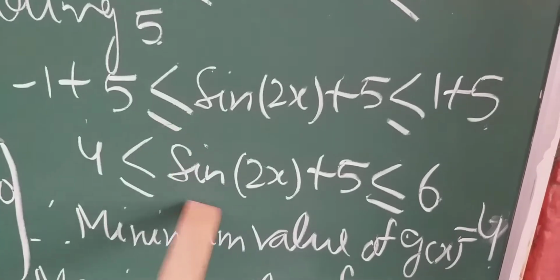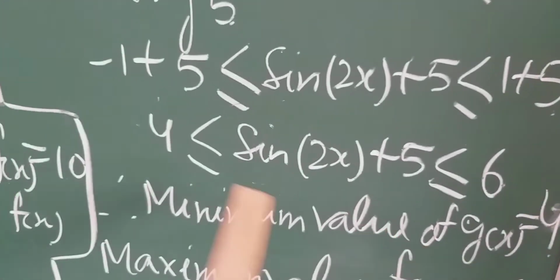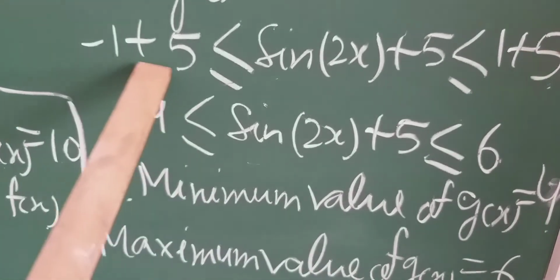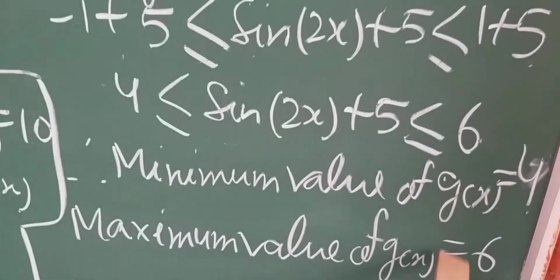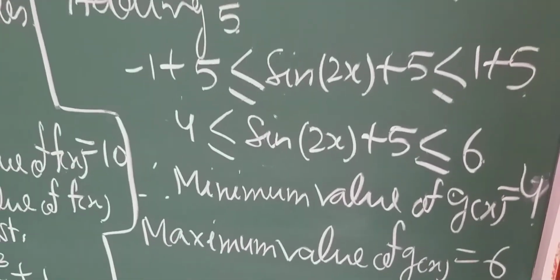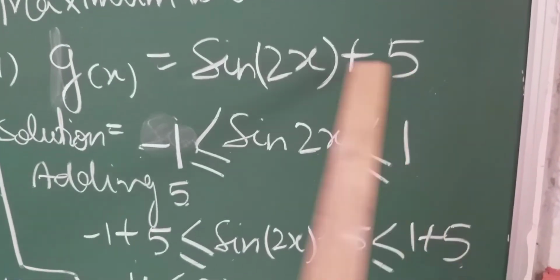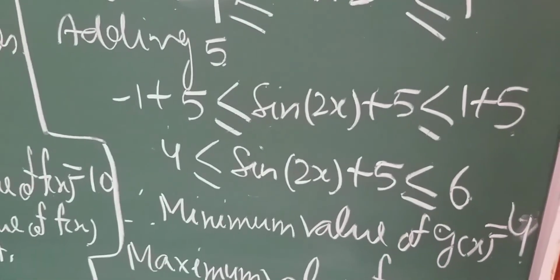So sin 2x + 5 values lie between 4 and 6. So both values are there. So its minimum value is 4 and maximum value is 6. So this function has both values, maximum and minimum. Okay students? Okay then.